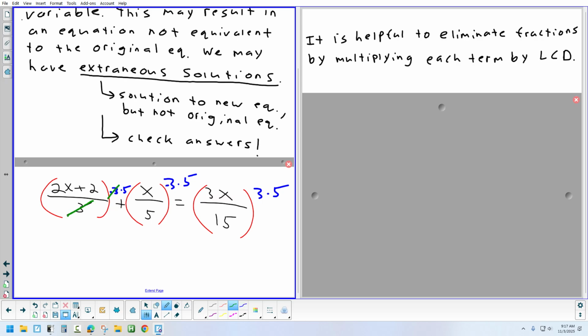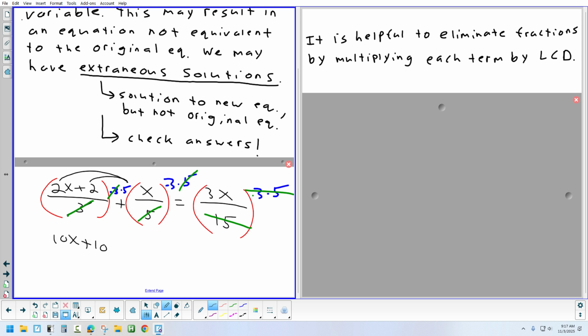How about in the second fraction? X divided by 5 times 3 times 5. The 5 cancels out. Yep. And the third fraction, 3x divided by 15 times 15. What cancels out there? The 15. So what you'd be left with now, you still have the 5 in the first one. That didn't cancel. That's 10x plus 10.